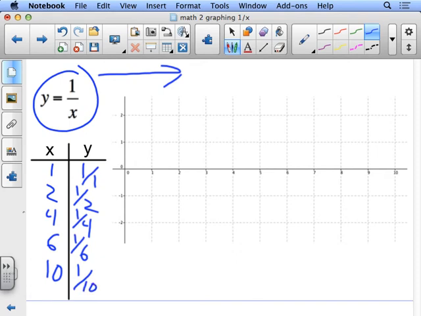We already talked about before, or graphed, that if we plug in 1, we got 1. When we plug in 2, we got 1/2. When we plug in 4, this is new, we get a 4th. When we plug in 6, I get a 6th. And when I plug in 10, it is so close to 0, but not quite there.